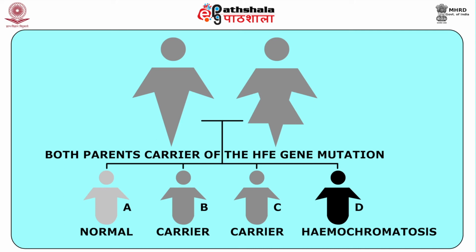As shown in the figure, if both the parents are carriers of the HFE gene, then their children may either be normal or carriers, or may develop this disease, hemochromatosis, in case they inherit both the copies of the genes, and this has been labeled in black.